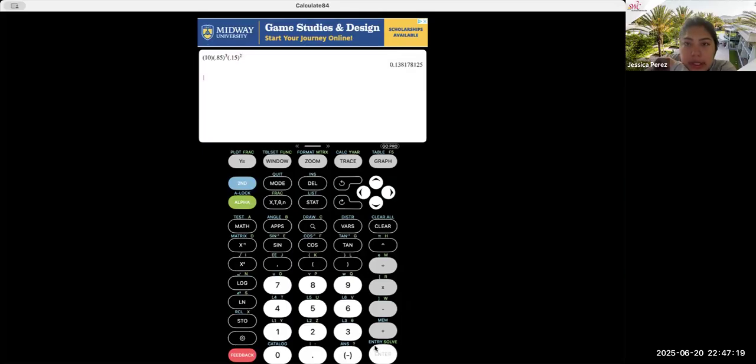And then we're going to select enter. And that looks like it's going to be 0.13817, roughly 14% if we would want to round up.